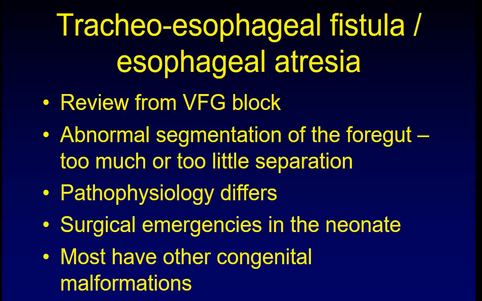However, all of these result in surgical emergencies in the neonatal period because fluid, that is milk, doesn't get into the stomach or only partially gets into the stomach, and some variable portion gets into the trachea, where it is not a good thing to have.